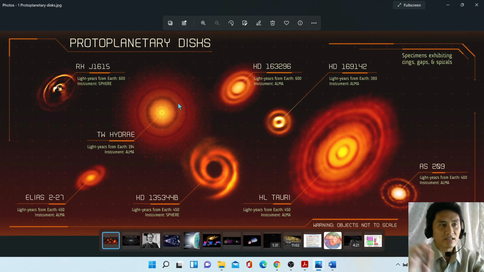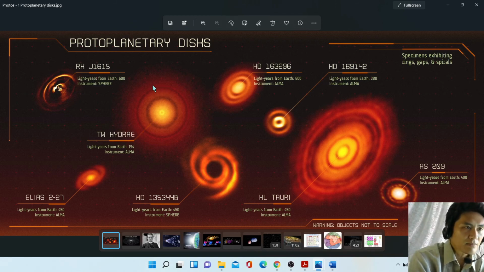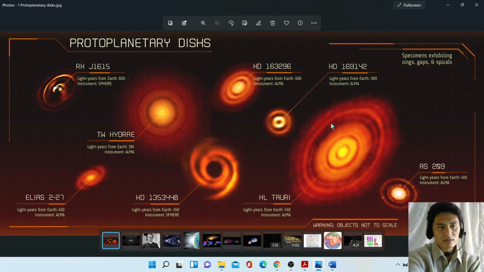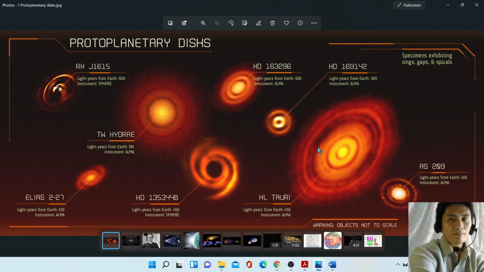The dust particles are reflecting light. But that is dark because something is picking the particles up. So here you see a protoplanetary disk complete with a star at the center and what would become planets. And you see these dark patches, these dark circular things. Those are the pathways of planets.